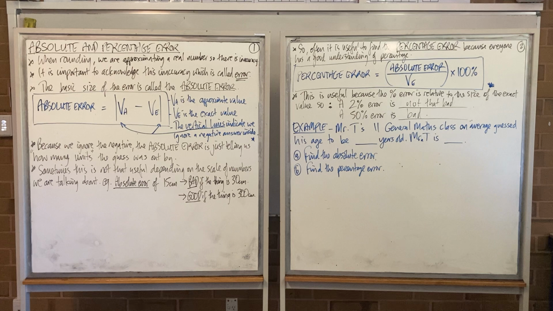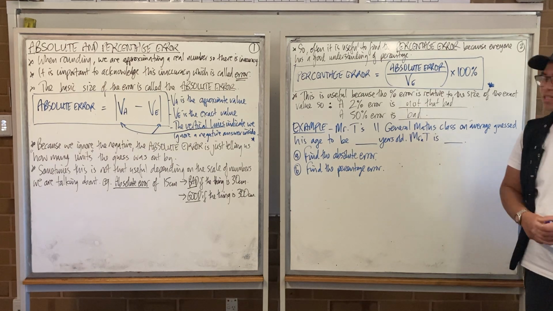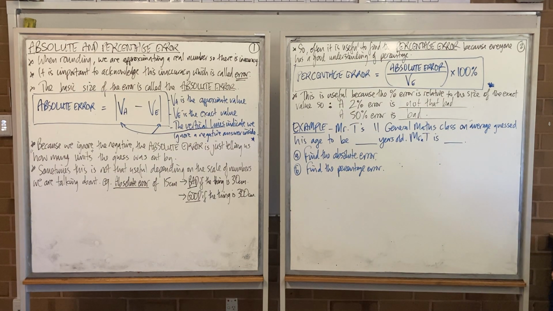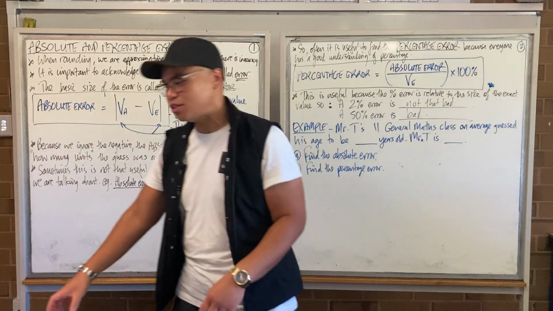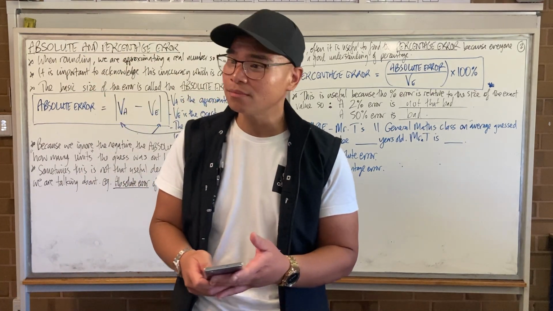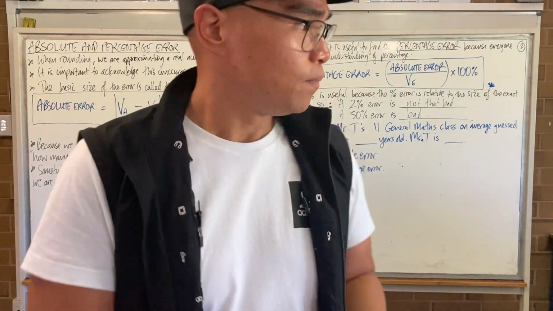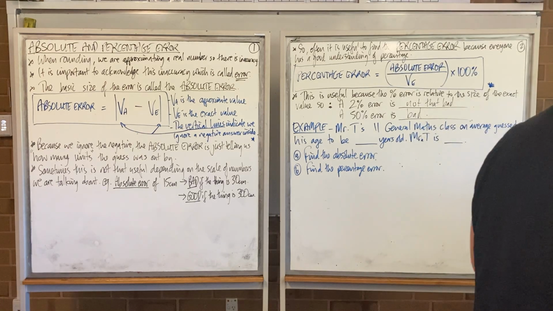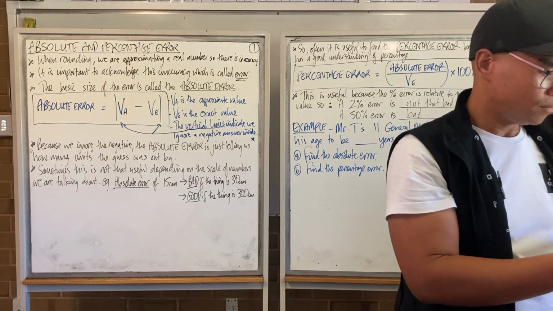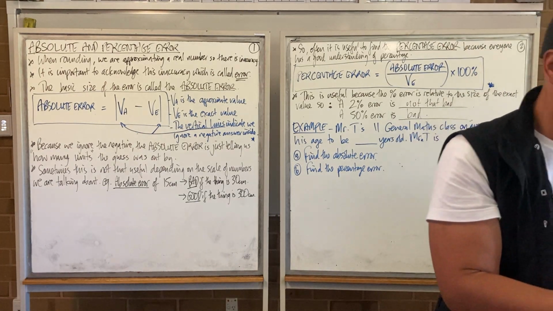So, let's see. Let's do a little test. This will be recorded, just take a second. Mr. T's Year 11 general math class, on average, guessed his age to be. How old do you think I am? 30. You? 34.